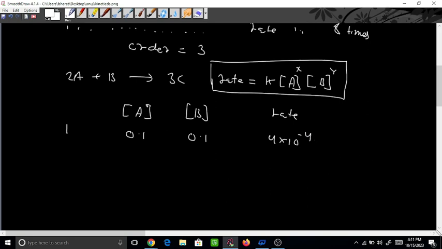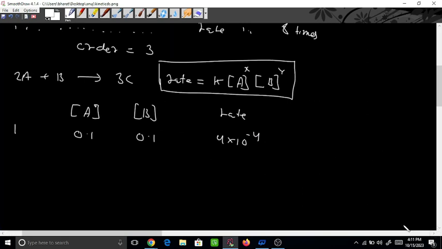So how will you write rate for this experiment? Rate is equal to k into 0.1 to the power x, then 0.1 to the power y, so here we will write 4 into 10 to the power minus 4 is equal to k into 0.1 to the power x, then 0.1 to the power y.